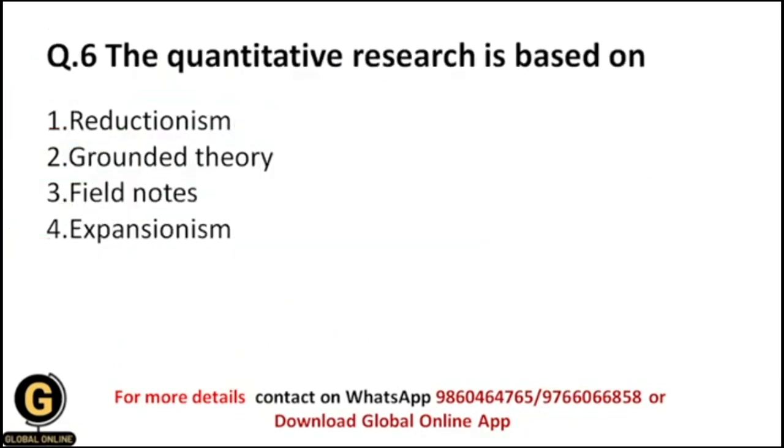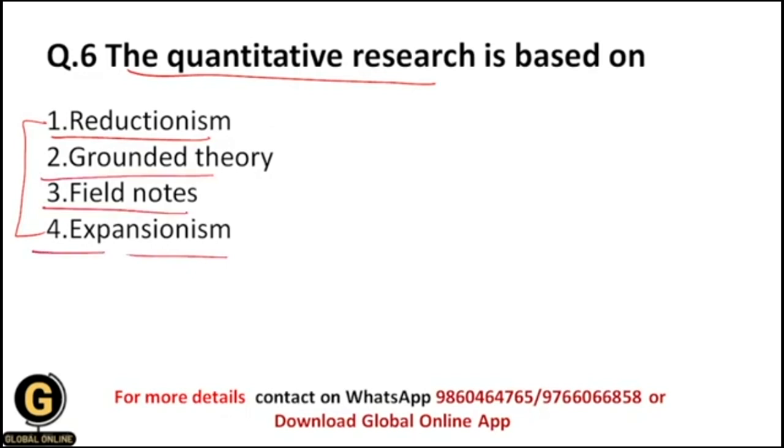Okay. Next is, quantitative research is based on. So from these options, which is the option on which quantitative research is based? Whether it is reductionism, grounded theory, field notes, or expansionism. So basically students, what is reductionism? We will see that first of all.